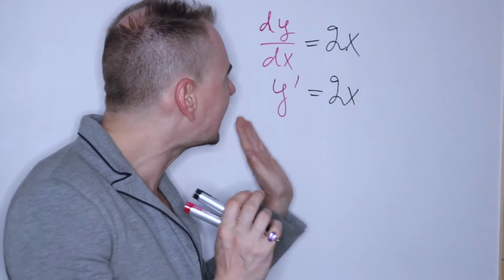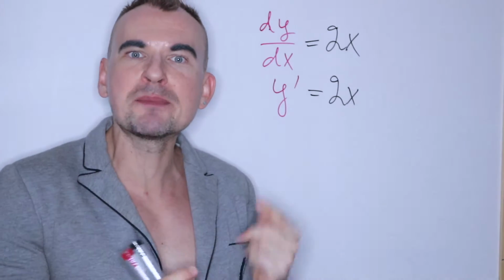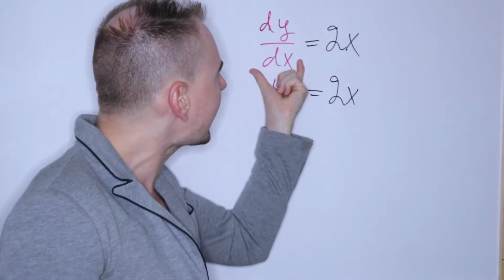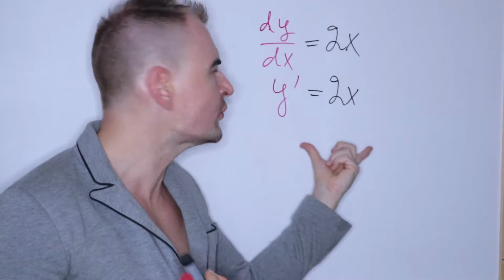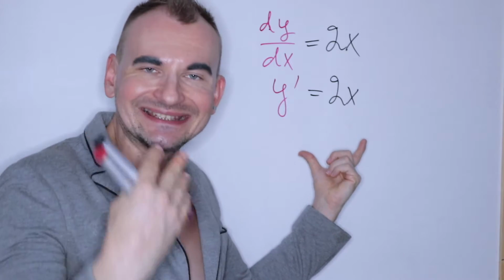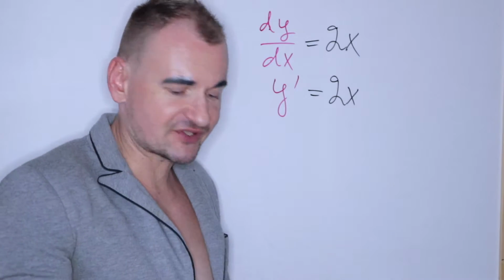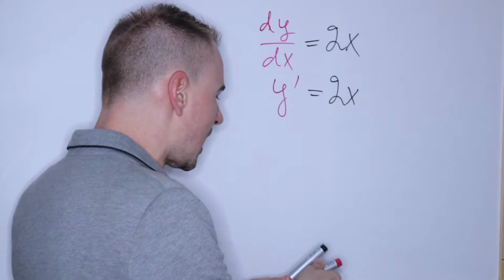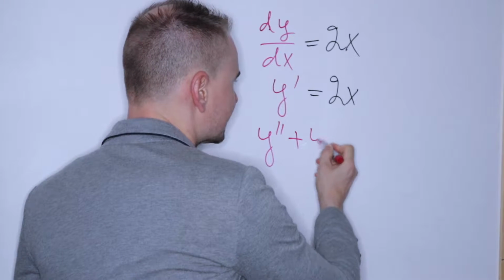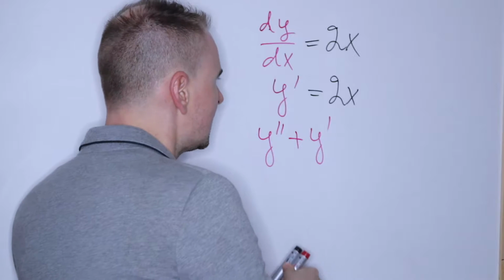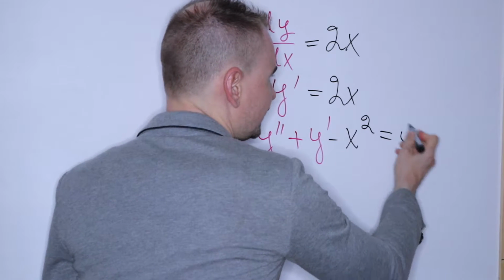Also, the order of this ordinary differential equation is going to be 1 because you have the first derivative. Your differential equation contains the first derivative, y prime. Sometimes you are given something like y double prime plus y prime minus x squared equals 0.